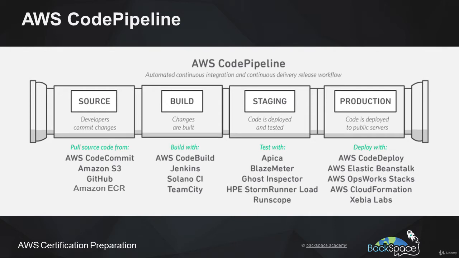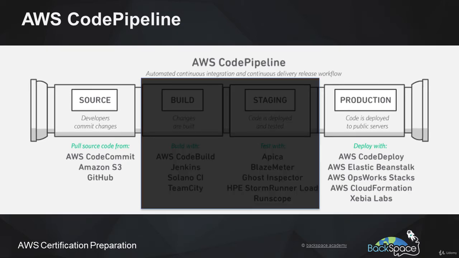Once we've tested it and it's passed that staging with testing, it can then go on to be a production deployment. And so we would use AWS CodeDeploy, or in this lab, we're going to be using a direct deployment to an AWS Elastic Beanstalk environment.